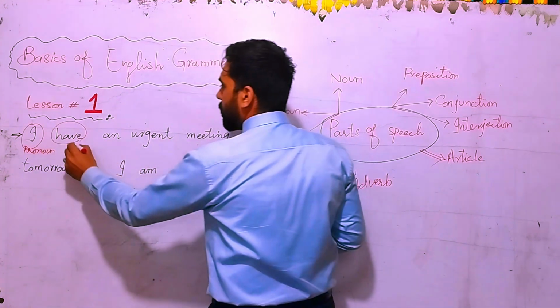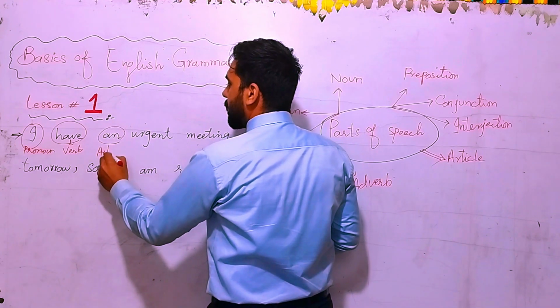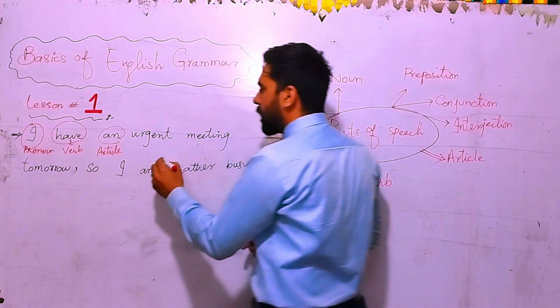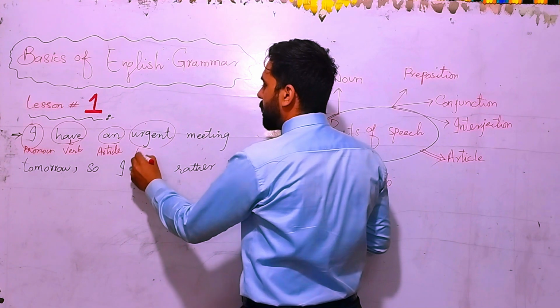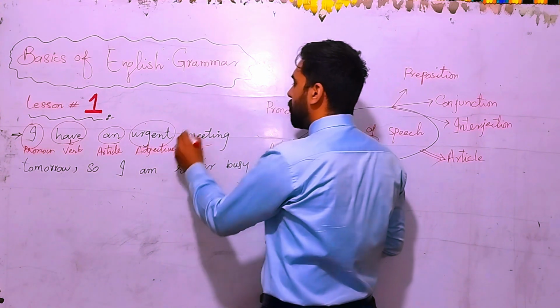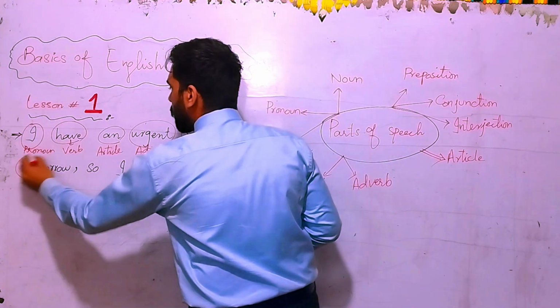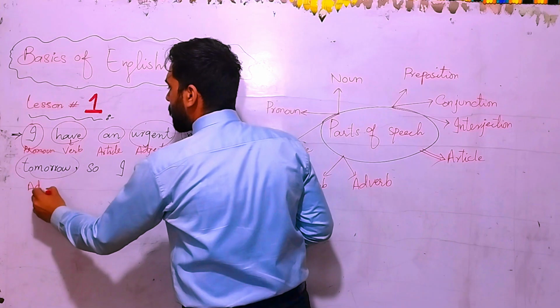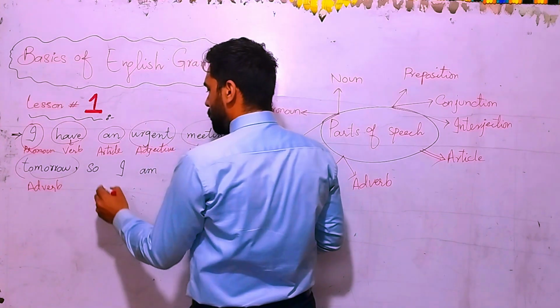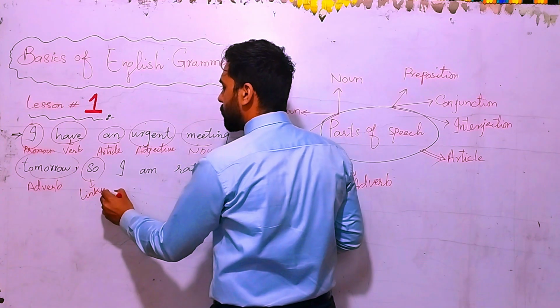Have is a verb, and a is an article. Urgent, grammatically, is an adjective. Meeting is a noun. Tomorrow is an adverb. Similarly, so is a linking word.